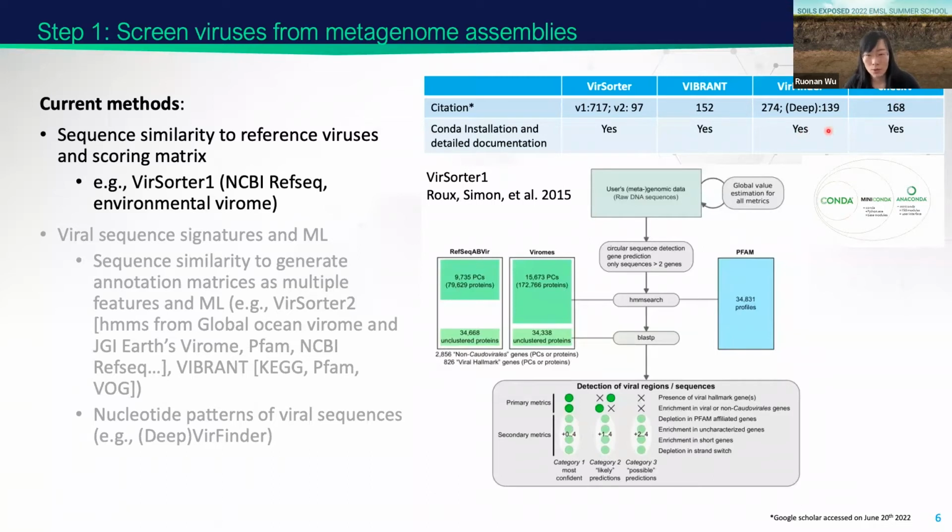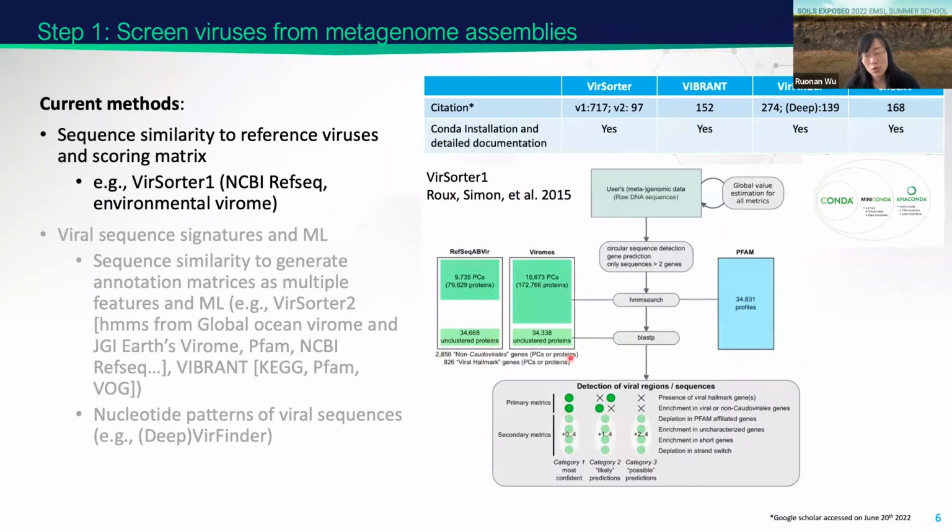In general, the methods implemented by these tools for this particular step can be categorized into two types. One is mainly based on sequence similarity to references, complemented with scoring metrics. An example of this type is VirSorter 1. VirSorter 1 will first detect significant similarities with known virus sequences in NCBI and also environmental viral data.